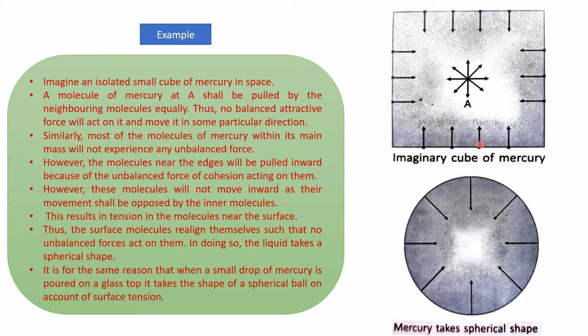Thus, the surface molecules realign themselves such that no unbalanced forces act on them. In doing so, the liquid takes a spherical shape. It is for the same reason that when a drop of mercury is poured on a glass top, it takes the shape of a spherical ball on account of surface tension.